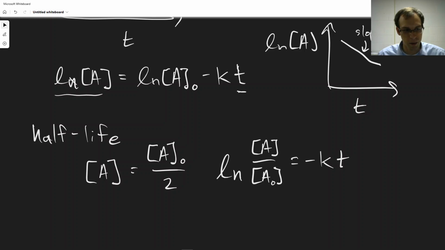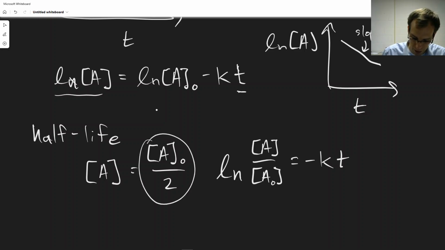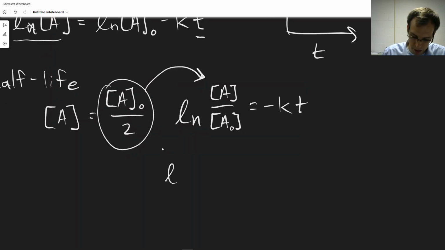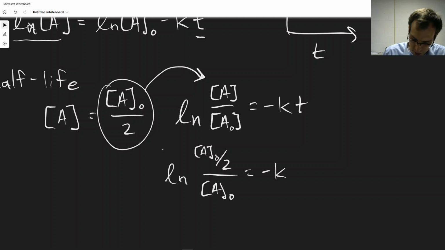At this specific value of A, we can write the natural log of A naught over 2 divided by A naught is equal to minus kt.